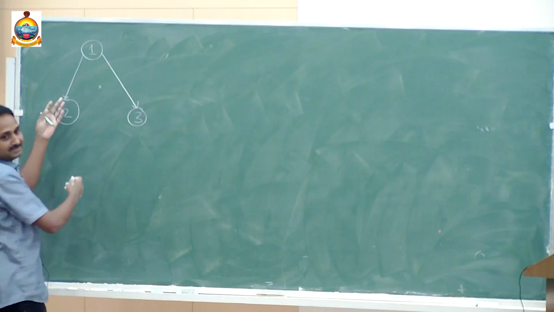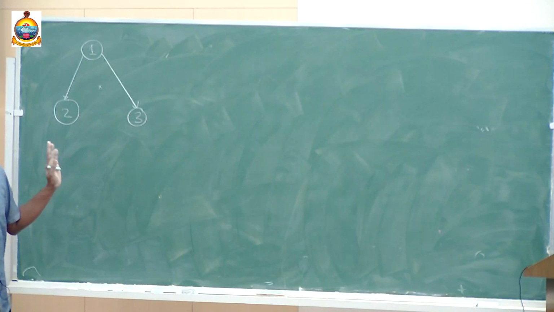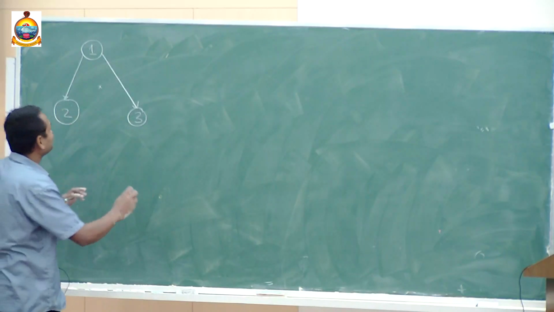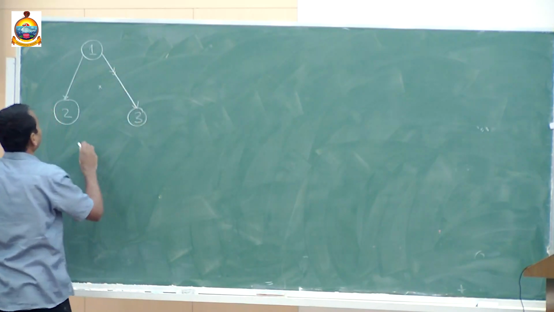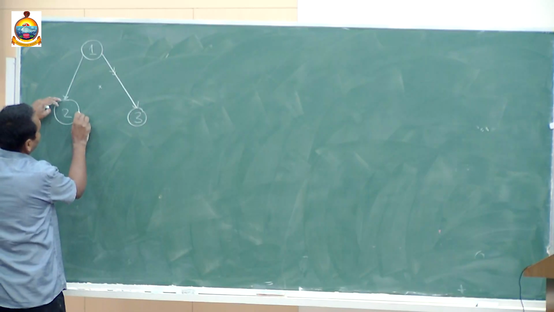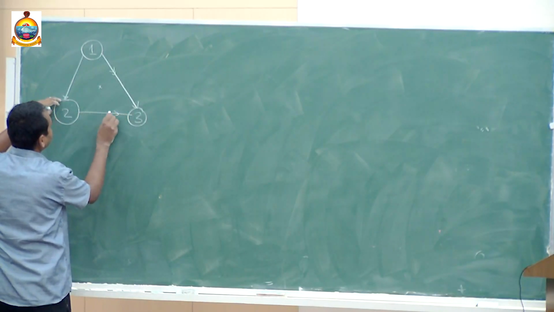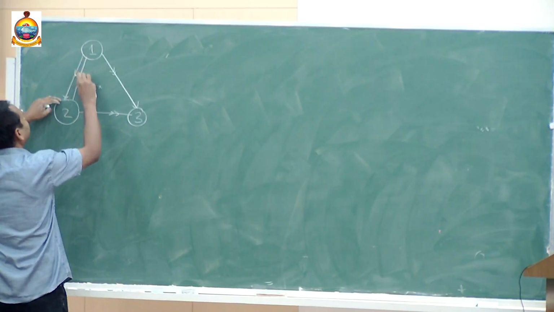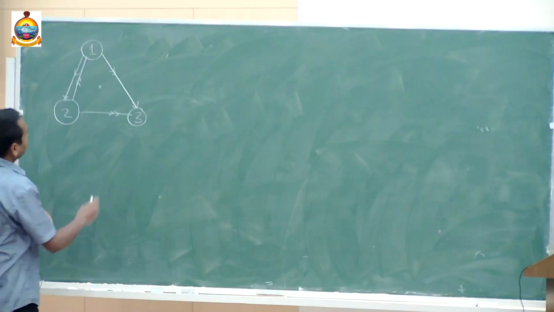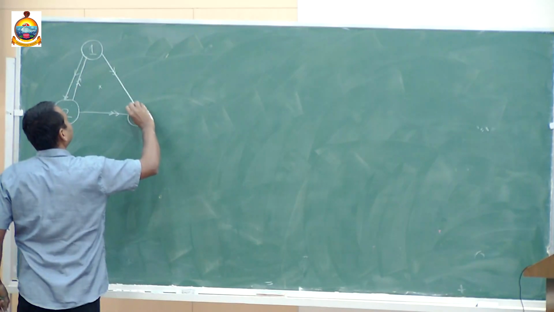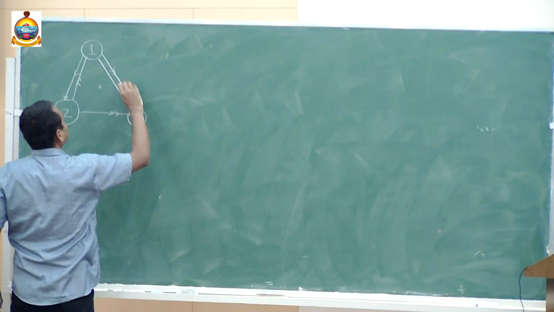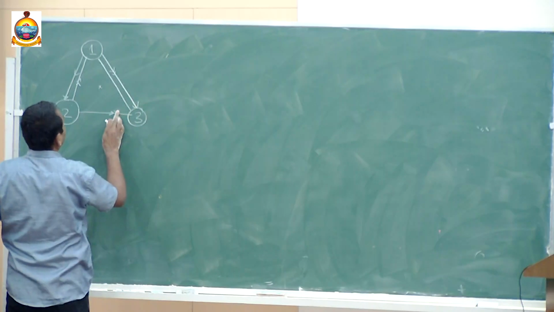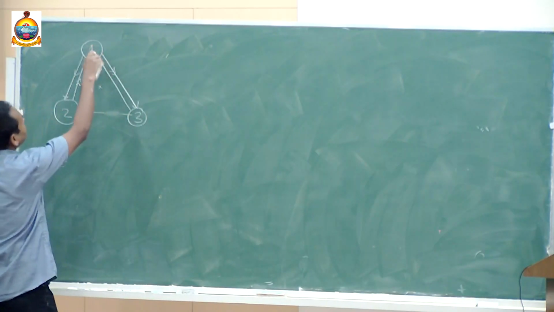So basically I'm talking of probability 1/3 and 2/3. Similarly from 2, you go to the right with probability that, and to the left with this. And similarly from 3, you go to the right with probability... sorry, I think this is left.